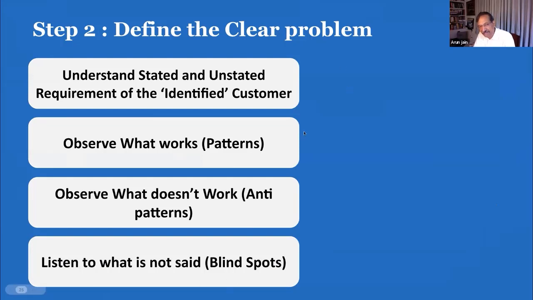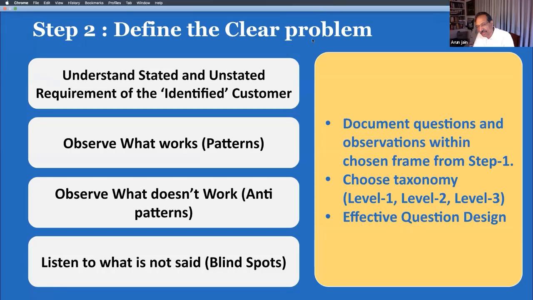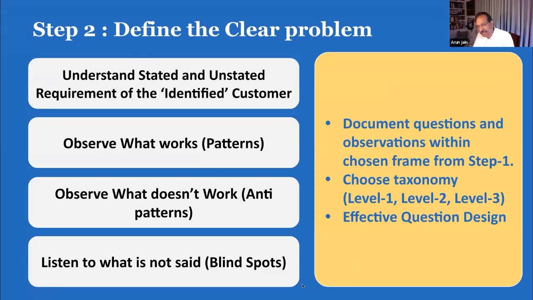So this is the area where I start identifying the clear problem, and then document questions for observation. If a survey is required, I'll do a survey at this stage. I need to choose a taxonomy, level 1, level 2, level 3, and I will have a right, effective question to design so that I get the right answers for the right question.